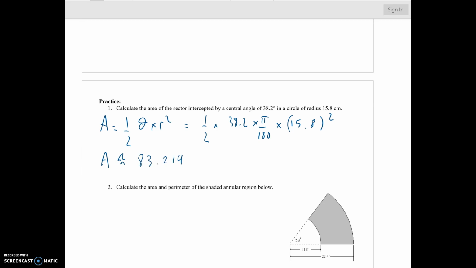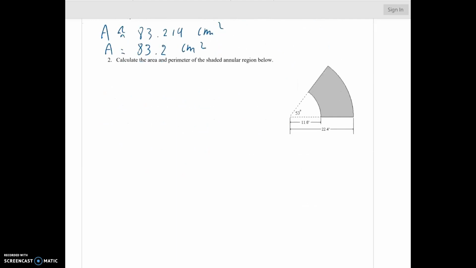That will give me an area of around 83.219 square centimeters. If I want to take into account the number of significant digits, I'm going to take 3 significant digits, and this is why the area will be equal to 83.2 square centimeters. I'll let you do the next problem.